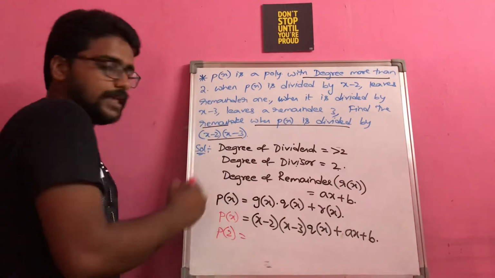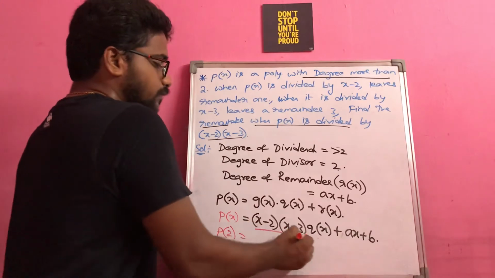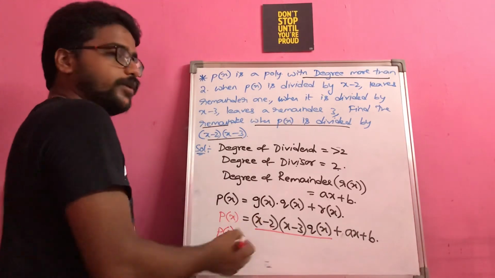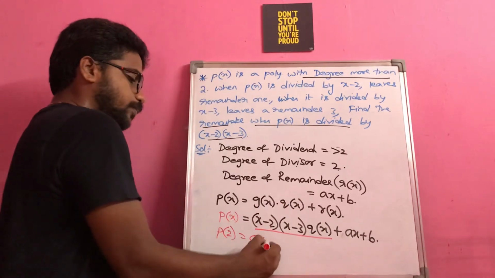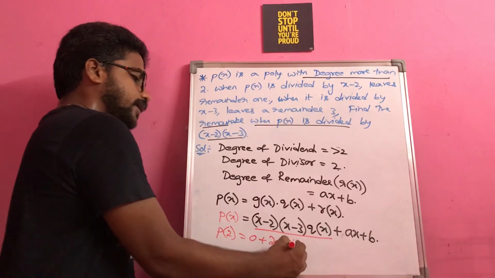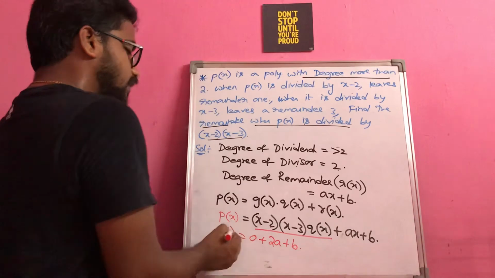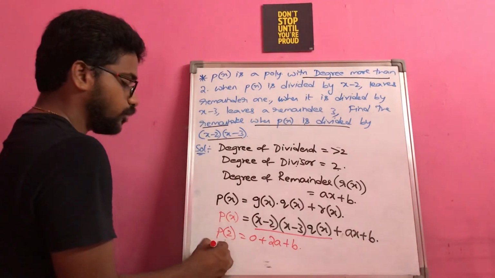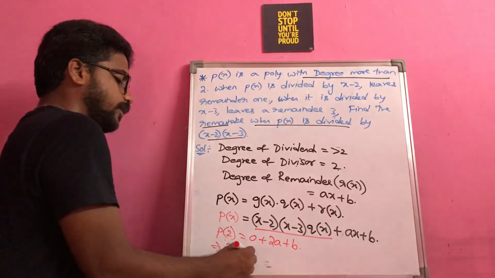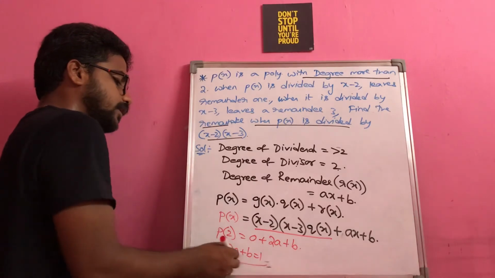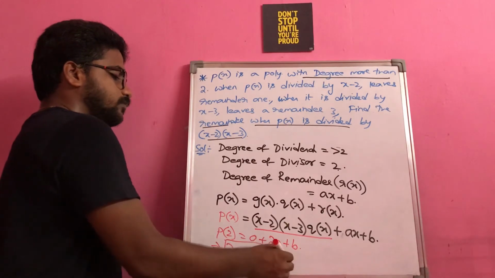P of 2 is equal to 0, because this term is 2 minus 2 into something, plus 2a plus b. But according to the question, the remainder is 1. So the first condition is 2a plus b is equal to 1.